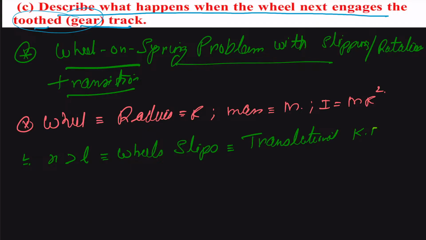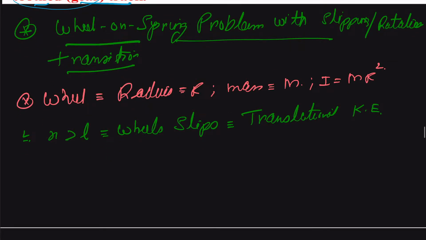And when x is less than L, the wheel meshes with the teeth, which basically means it rolls without slipping.